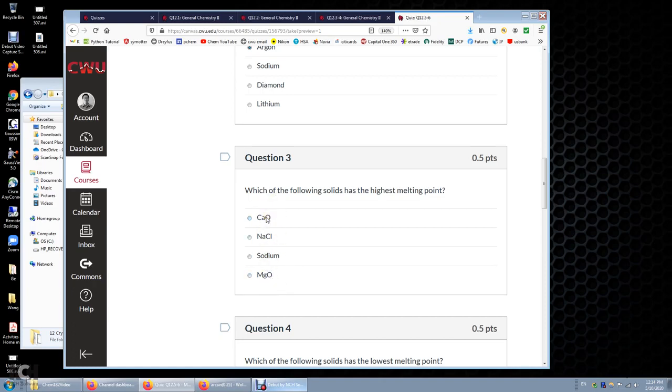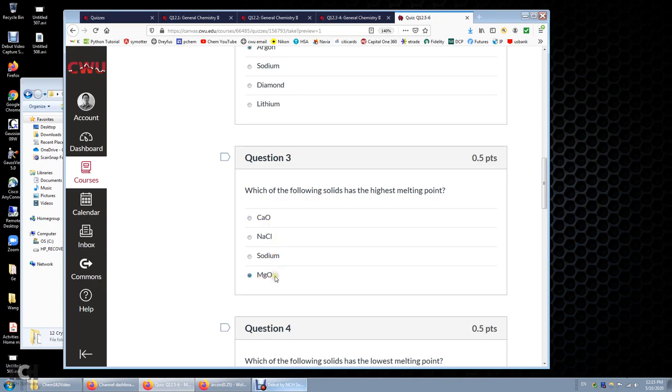Okay, remember, when you compute the electrostatic attraction, it's going to be Q1 times Q2 over the distance. So between these two is plus 2 times minus 2 over the distance. Plus 1 times negative 1 over the distance. Plus 2 times negative 2 over the distance. So we're going to go with the greater charges. So either calcium oxide or magnesium oxide.